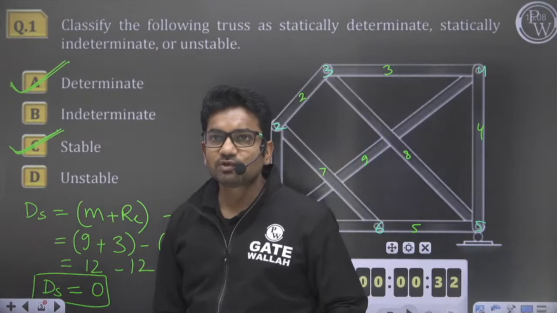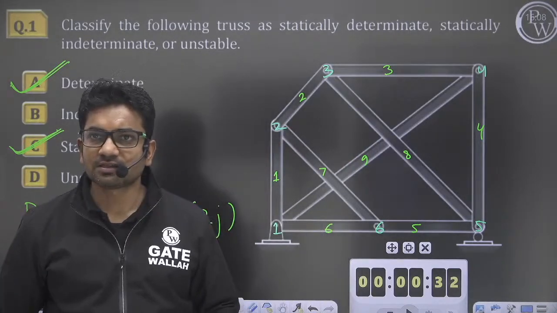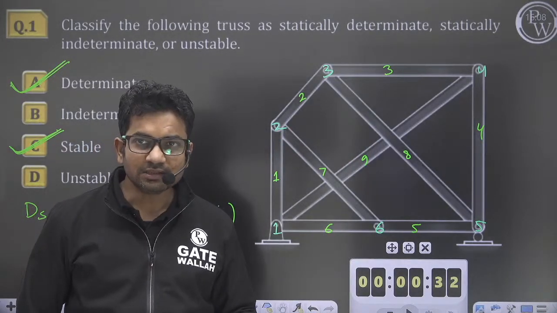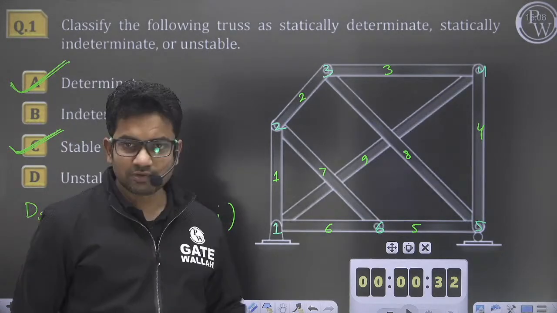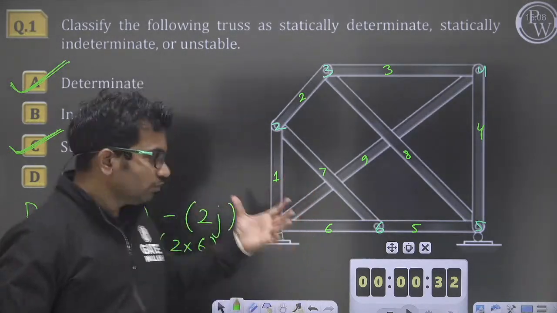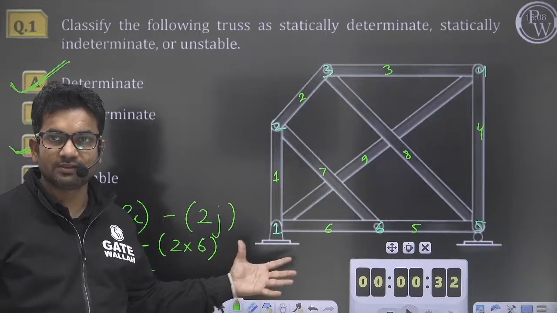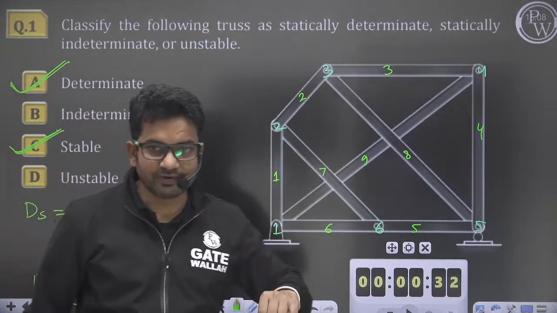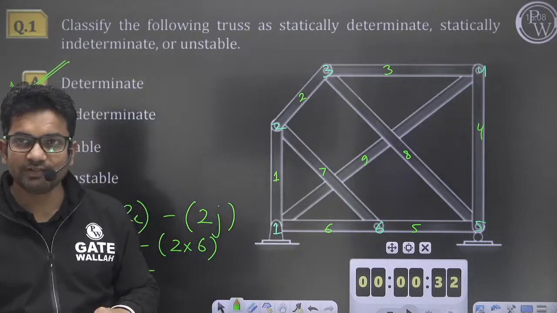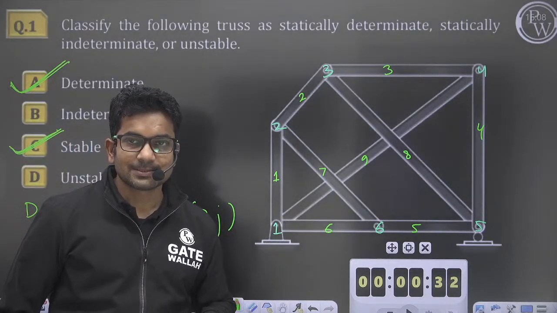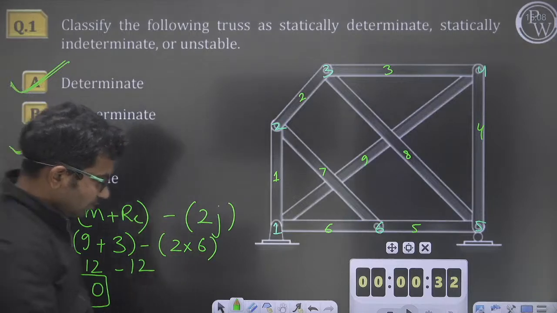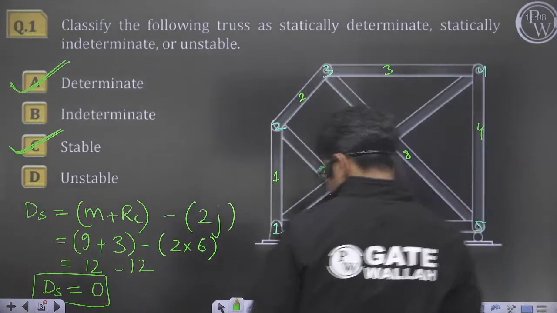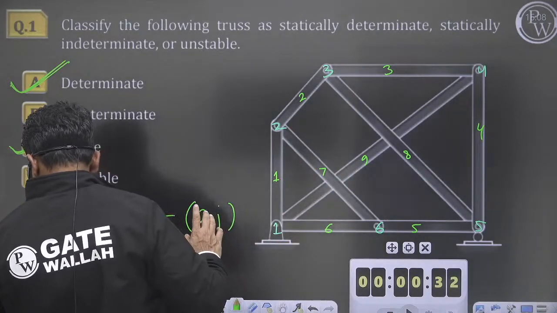Sir, I am not able to watch the middle screen. You are not able to watch the middle portion of the screen? Oh, because of reflection of light. Just a minute, let me try to solve this issue.